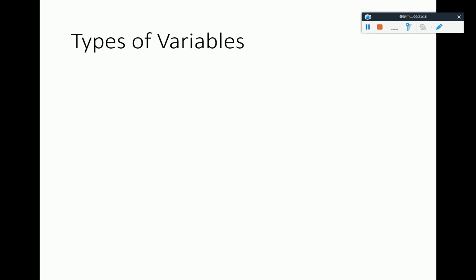So at this point, after we have a basic understanding of what variables are and of how we can plot the association, or how we can plot how two variables are related to each other, we can start to talk about different types of variables.